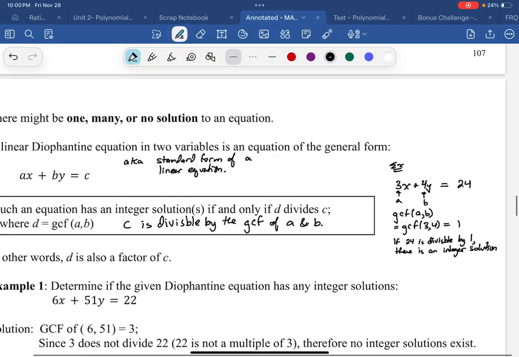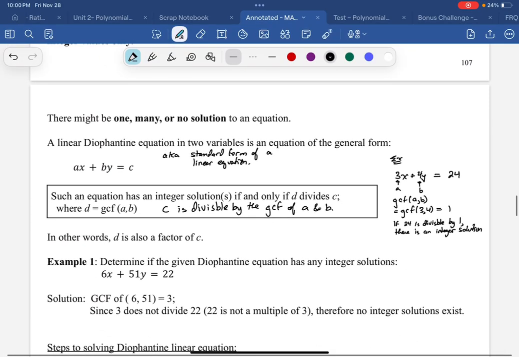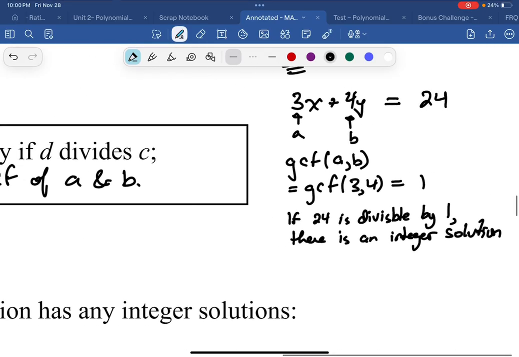So there is a set of integer solutions. Since there are two variables, that means it applies for both x and y, which means that there is a pair of values, one for x and one for y, that, using integer values only, would provide a solution to this equation.